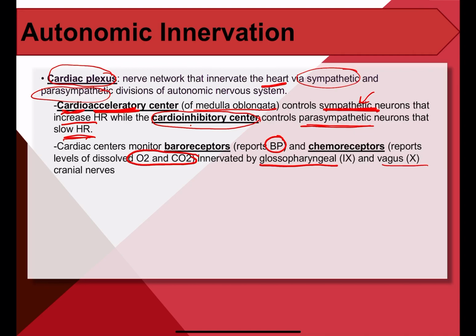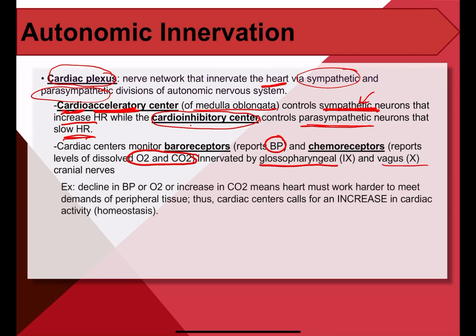Something will happen to change your levels, whether chemically, in terms of oxygen level, or in terms of blood pressure. So what do I mean by that? For example, if there was a decrease in blood pressure, like when you're bleeding, or a decline in oxygen, let's say you had a pneumothorax, someone stabbed you in the lungs area, and now your oxygen levels are rapidly decreasing.